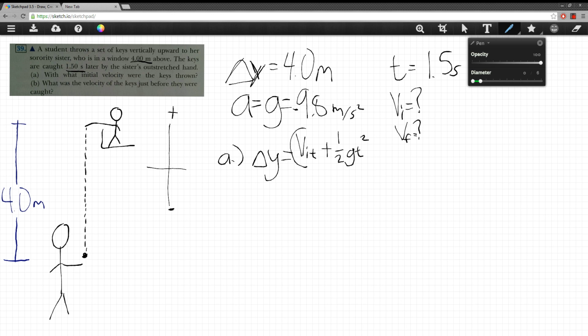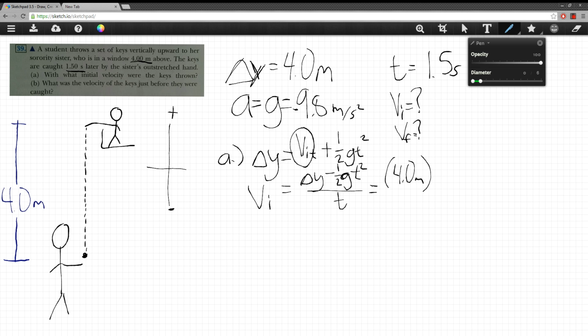And you want to isolate the initial velocity. So to do that, it becomes change in y minus 1/2 g t squared over t. And then you just plug in the numbers.